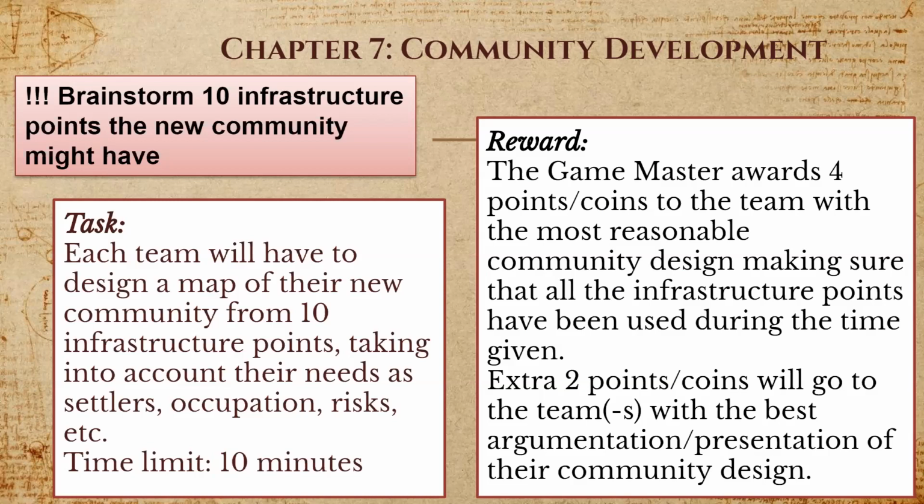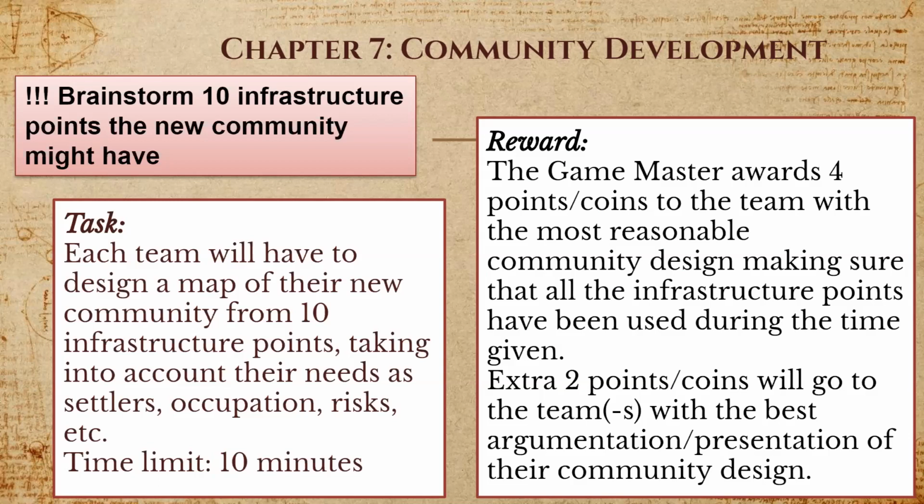The reward will be, the game master awards 4 points to the team with the most reasonable community design, making sure that all the infrastructure points have been used during the time given. Of course, there are some prepared cards for that. So you even have the map, and you ask people just to use the cards and place them the way they prefer, in order to design their own map.